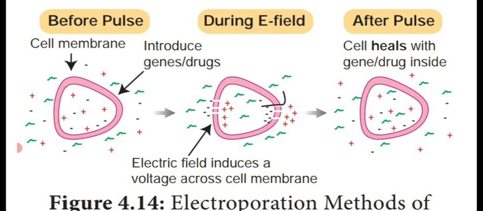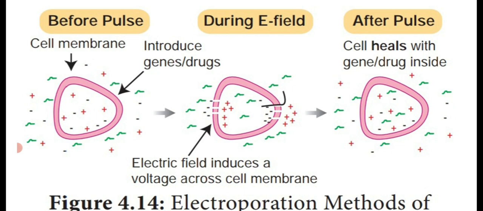See the second diagram, during the E field. That means we are applying a high voltage electric current on the surface of the plasma membrane, which creates a minute pore. Through the pore, they are inserting the DNA molecules, as in the last diagram.